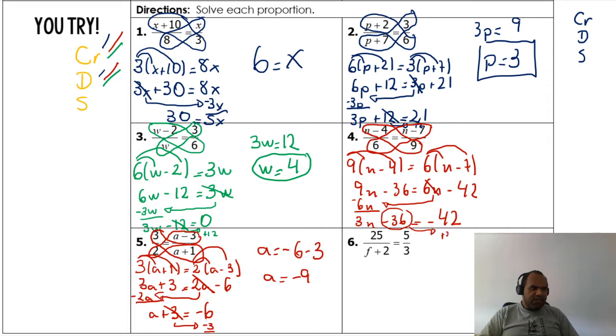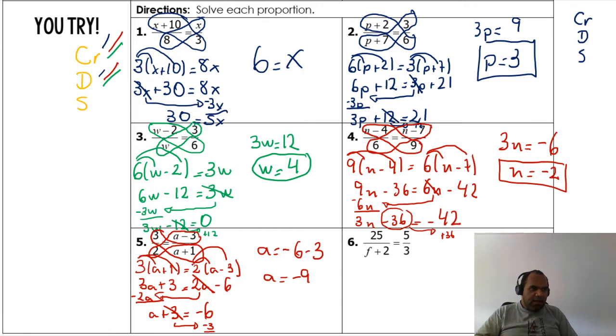It is positive 36, the opposite. And how do I know it? Just solve it. 3n equals negative 42 plus 36. The sign is negative. Great, I know it, it's negative 6. And how many times does 3 go into negative 6? It goes negative 2. And n equals negative 2.